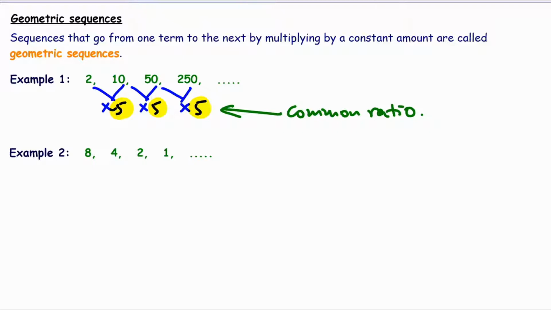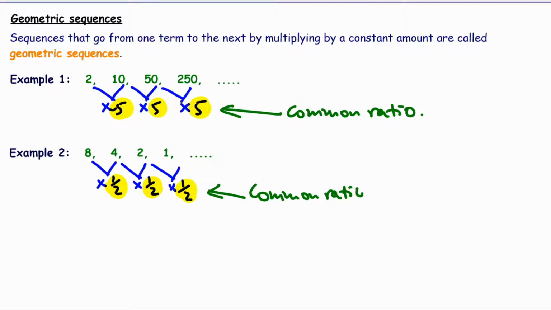If you notice, 8 multiplied by a half, you get 4. Multiplied by a half, you get 2. Multiplied by a half, you get 1. And again, a half here is what is called the common ratio.